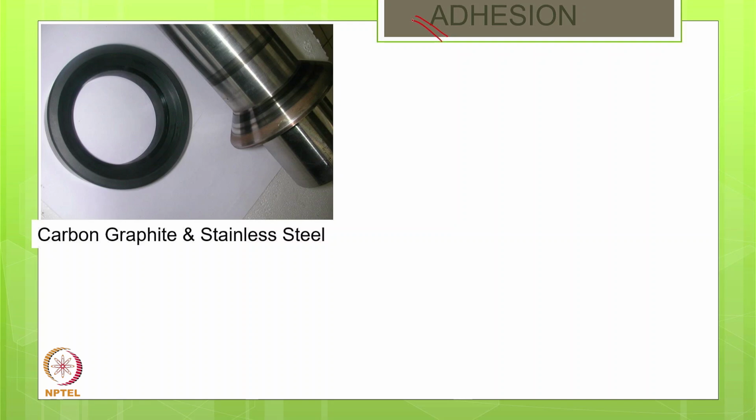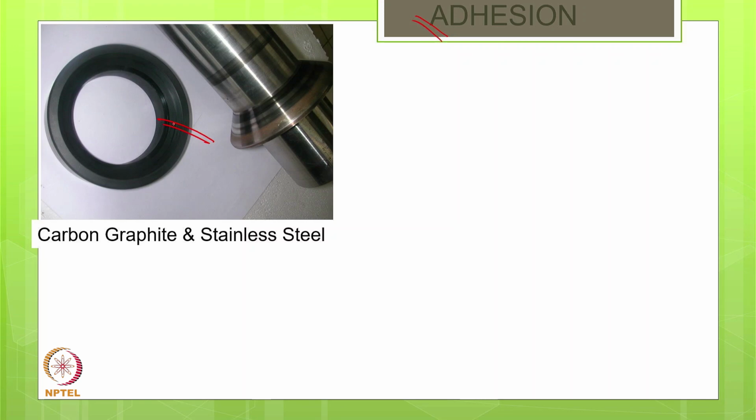Another contribution to the coefficient of friction is adhesion, and adhesion has a very common example. When we write with chalk on a board, it is adhesion that the layer is getting transferred. Here we are showing a carbon graphite seal. When we rub it against a steel shaft, one layer is getting transferred.